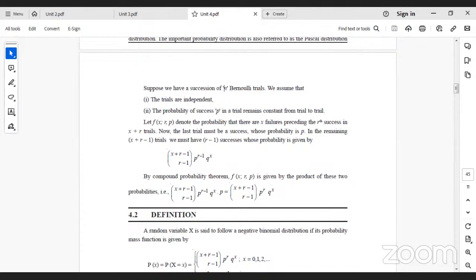The last trial must be a success, with probability p. In the remaining x + r - 1 trials we must have r - 1 successes, whose probability is given by C(x + r - 1, r - 1) p^(r-1) q^x.